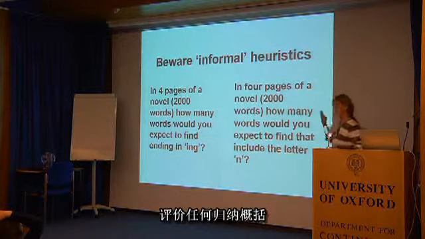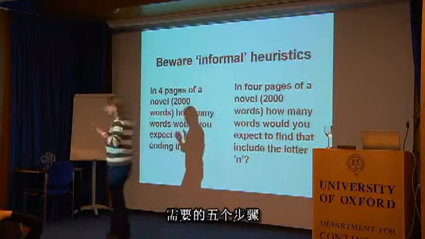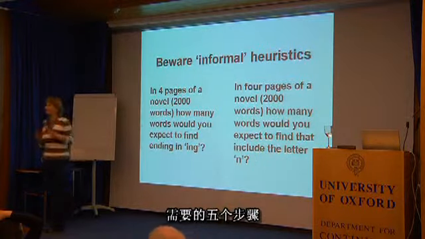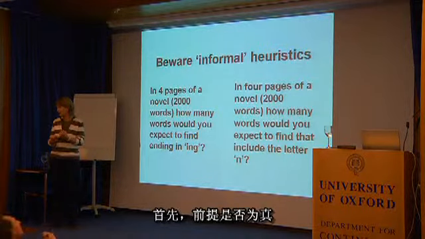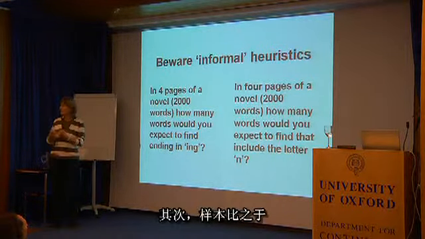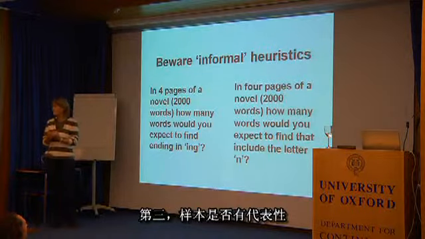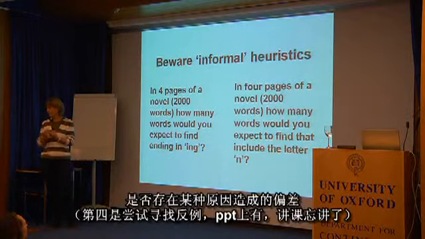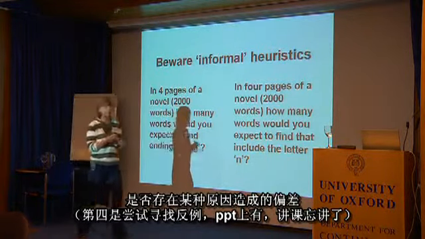Okay, so five steps there, I think it was. When you're evaluating any inductive generalization, you're looking for, firstly, is the premise true? Secondly, is the sample size large enough compared to the population as a whole? Thirdly, is the sample representative, or is there a bias in it due to all sorts of reasons for different biases?